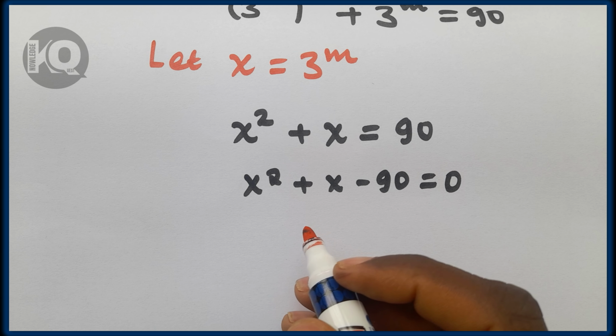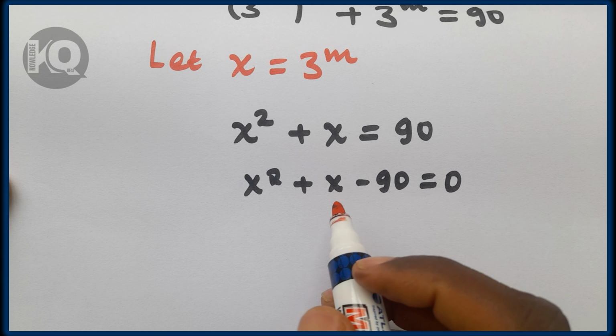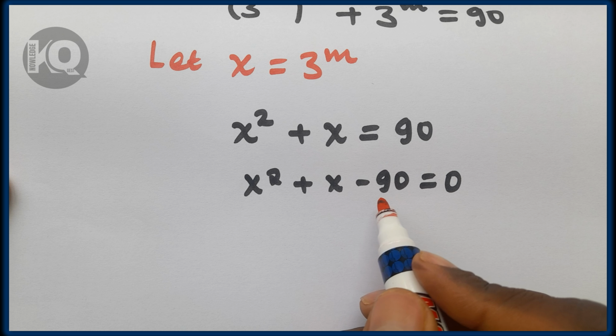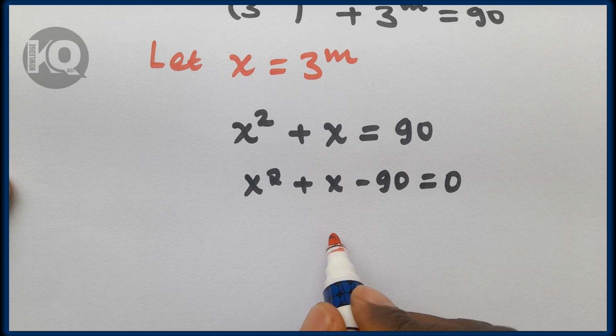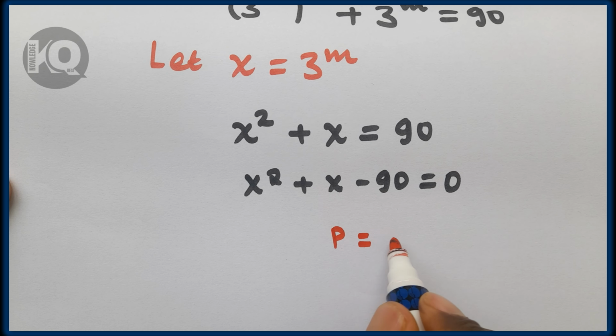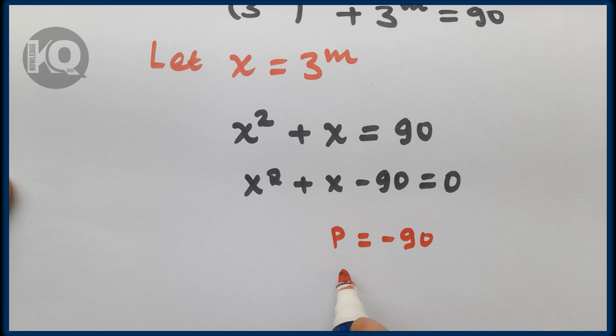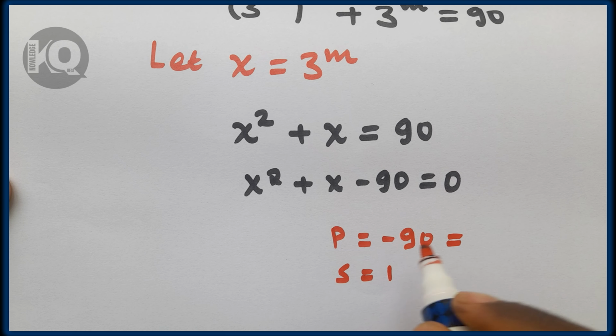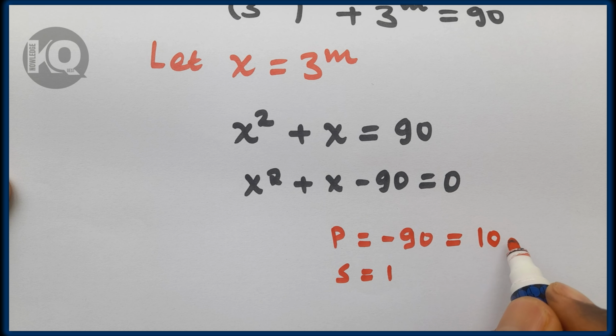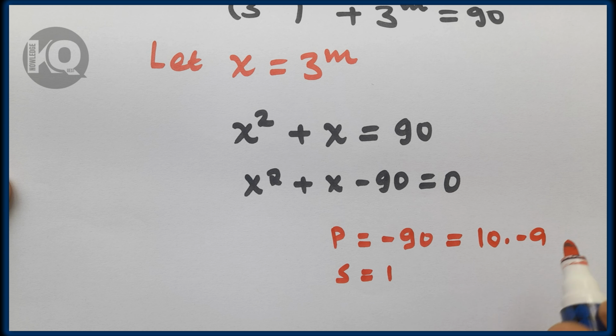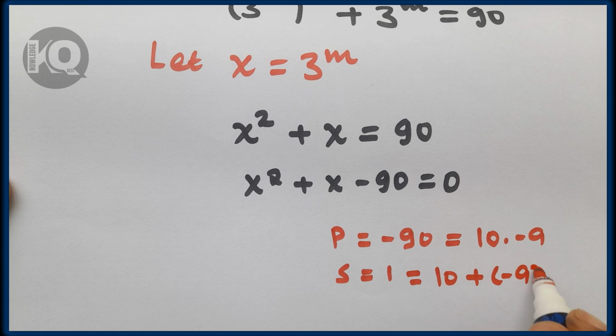So now we have to find two numbers whose sum is 1 and whose product is minus 90. So product P is equal to minus 90, and sum is equal to 1. So this minus 90 can be the product of 10 times minus 9, and also 10 plus minus 9 is 1.